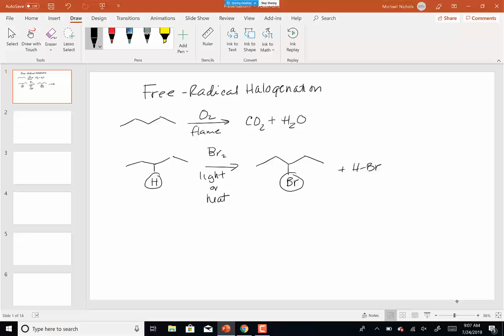And we're going to start with something simple like methane. But we're going to work our way up to more complicated molecules because the question is, where does the Br go? Can I control which carbon the Br adds to? And the answer is going to be yes, but we need to work our way to that.